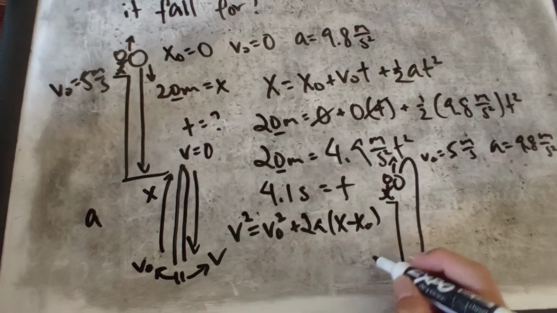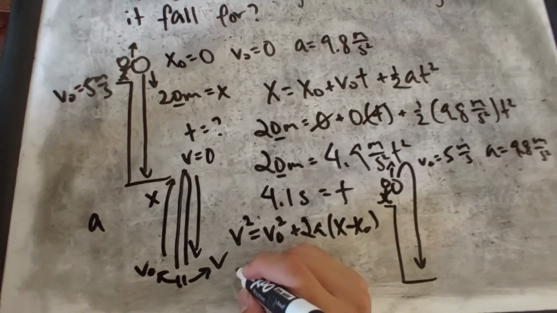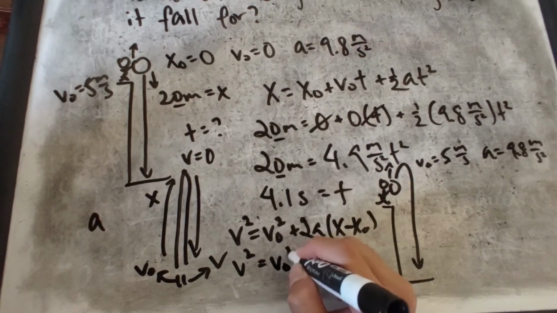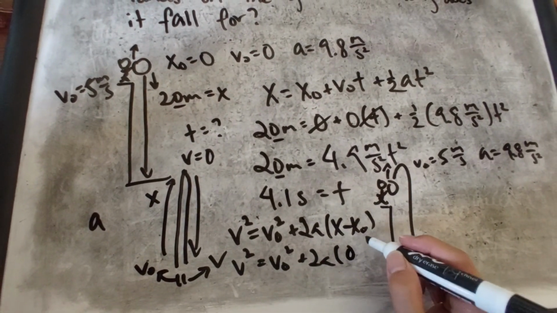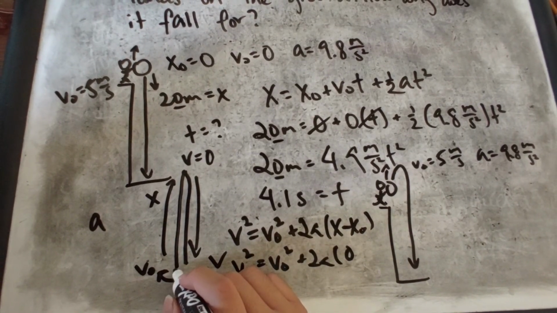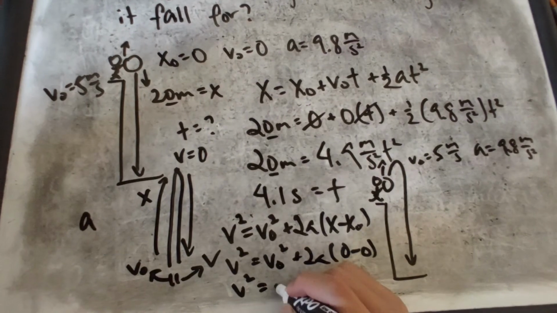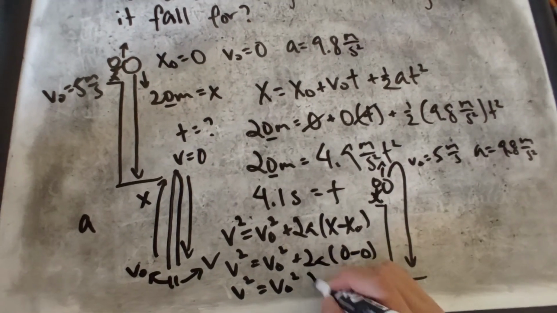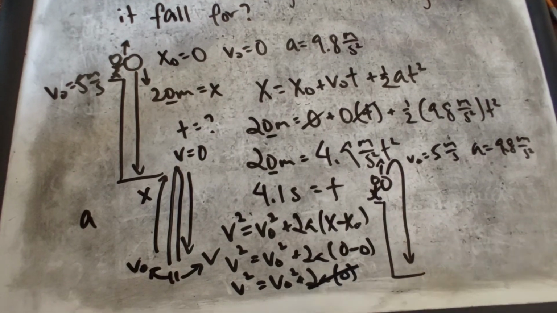So if x equals 0 as the total displacement, then we could just substitute this into here. And since the initial position is 0 as well, because that's what we're starting off with, we'll just get v squared equals v naught squared. The 2a times 0 term cancels out entirely.